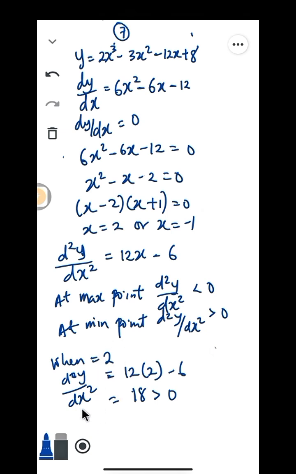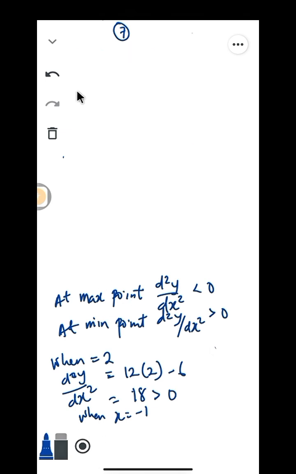We'll say when x is equal to -1. We have gotten the minimum point, the x value at the minimum point. So we can say that when x is equal to -1, let's test for the second critical value.